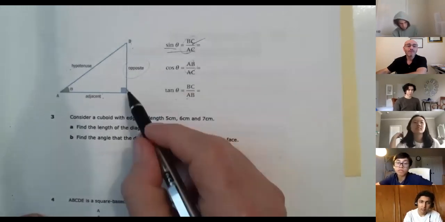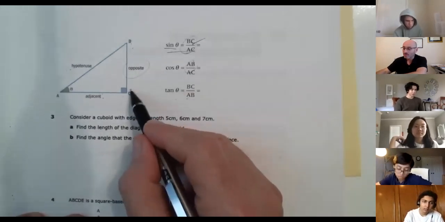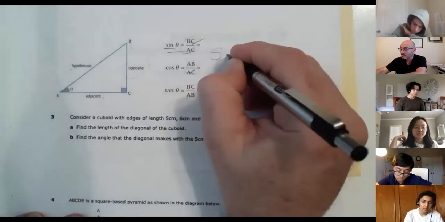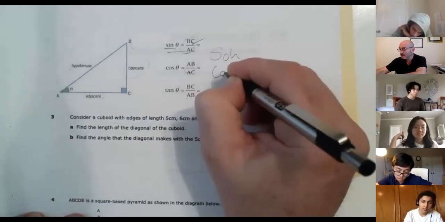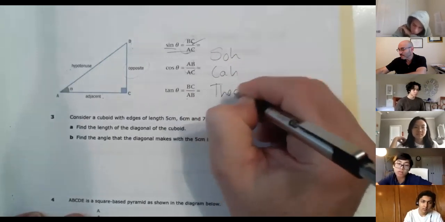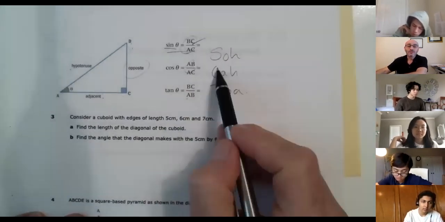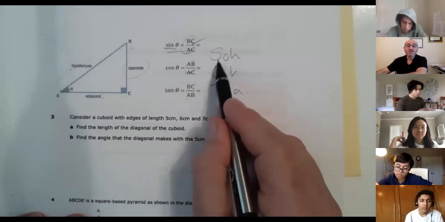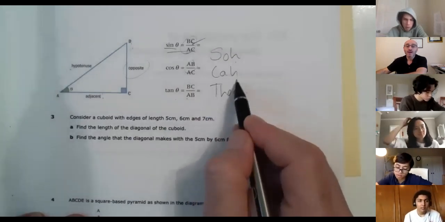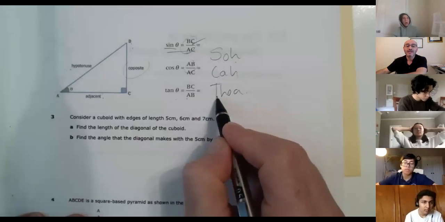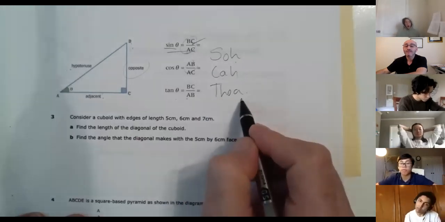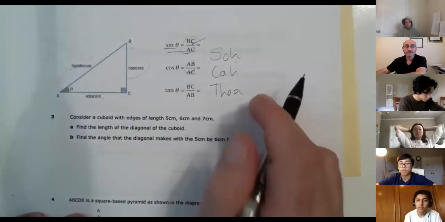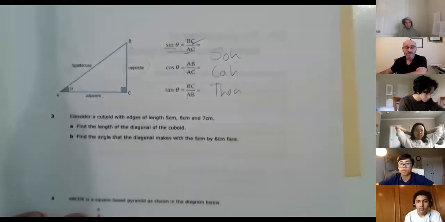So just remember what we know from trigonometry, or just remember SOHCAHTOA. Sine is opposite over hypotenuse, cosine is adjacent over hypotenuse, and tangent is opposite over adjacent, okay? Just try to remember that. Obviously there is an error there.